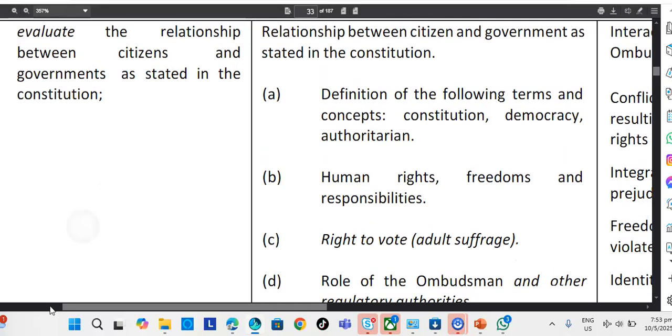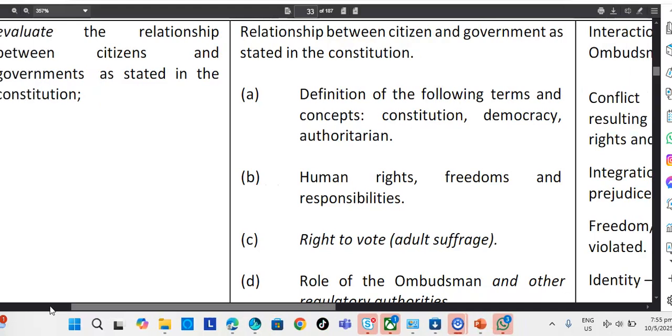So apart from government getting citizens fully involved in whatever decisions or initiatives that they are taking, under the Constitution, government has to ensure that human rights, freedoms, and responsibilities of citizens are fully enforced. And we know what are the rights of citizens.